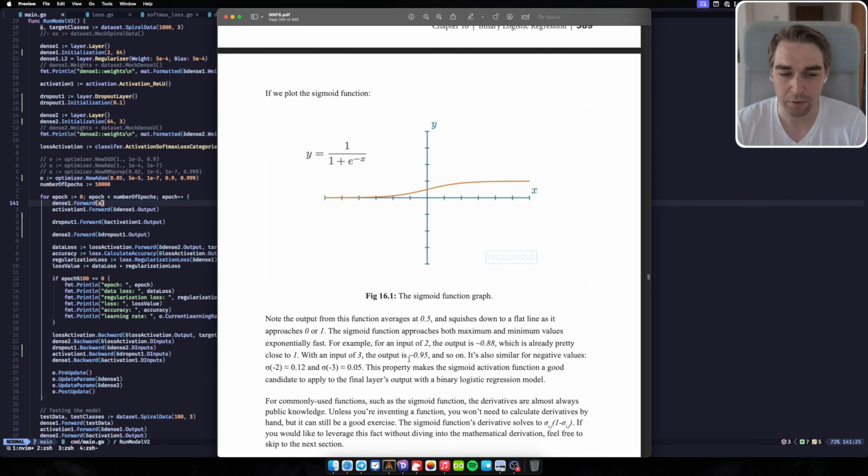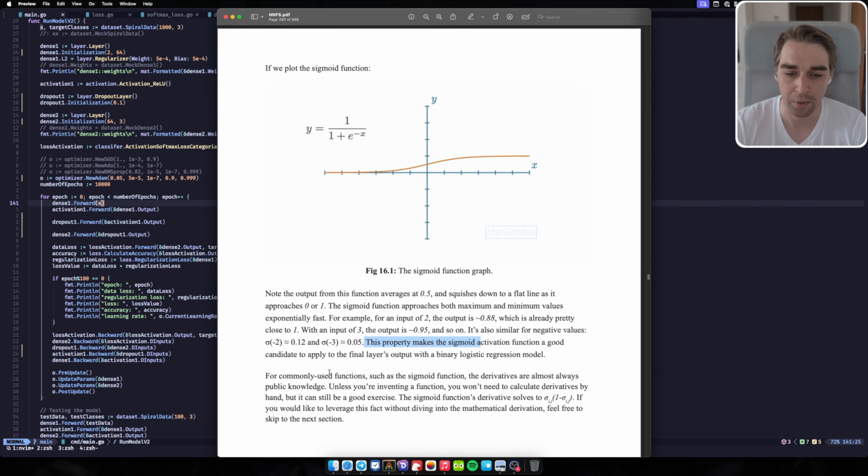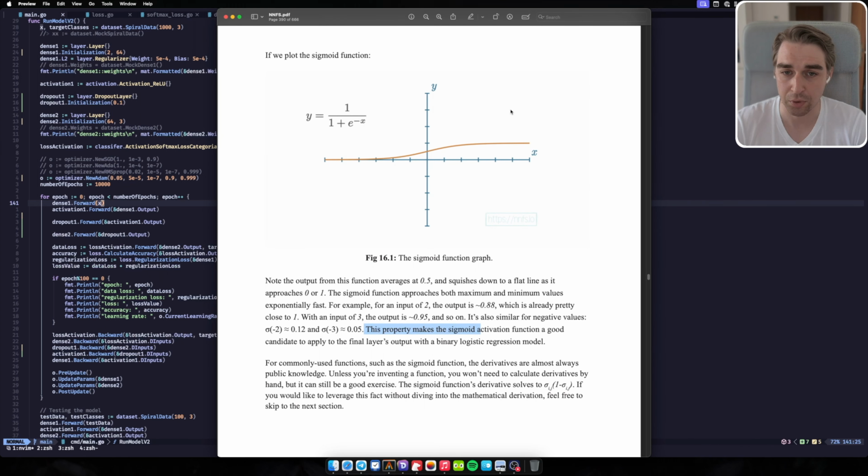It's also similar for the negative values. So this property makes the sigmoid activation function a good candidate to apply to the final layer's output with a binary logistic regression model. It will shift your values closer to 1 or to 0, and only around this place will it be hard to distinguish.